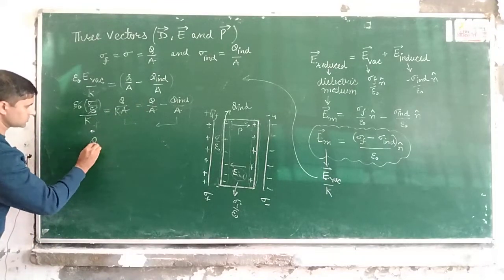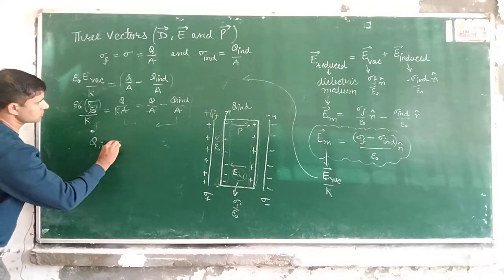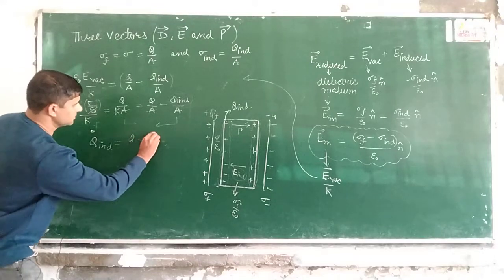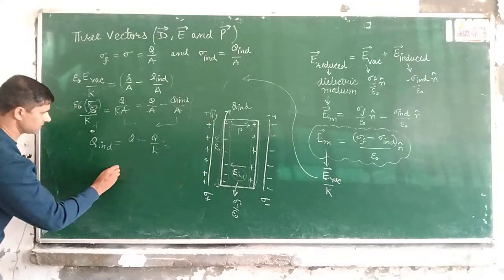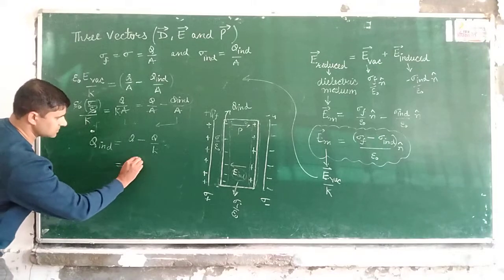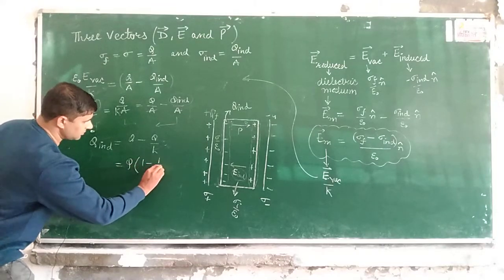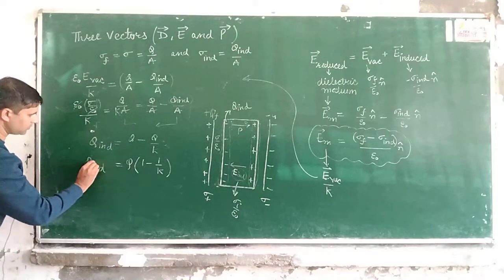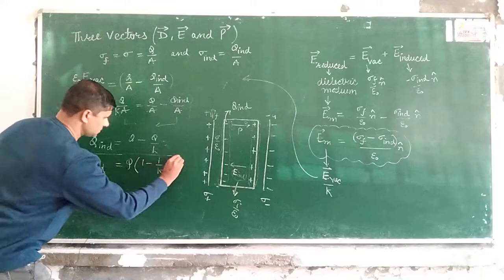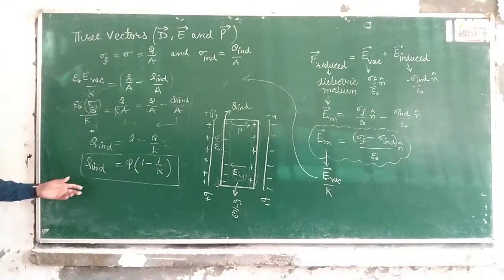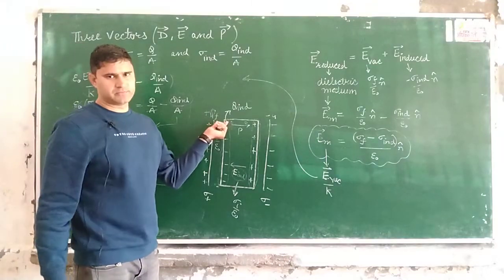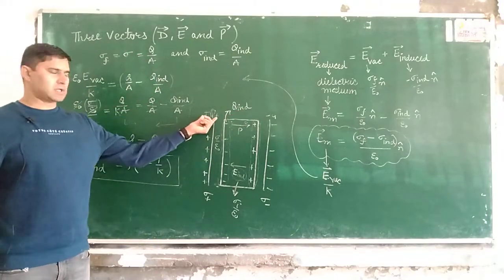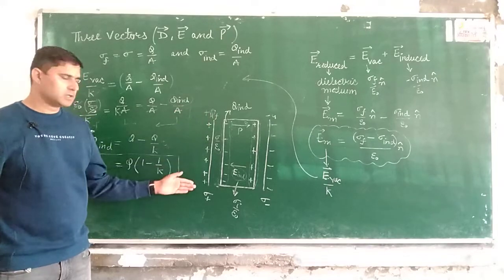So Q induced will be equal to Q minus Q by K, or you can write it as the free charge into 1 minus 1 by K. So this is the amount of induced charge. This is the amount of polarized charge which is available here. So the extent of polarization depends upon the amount of free charge present on the plates.